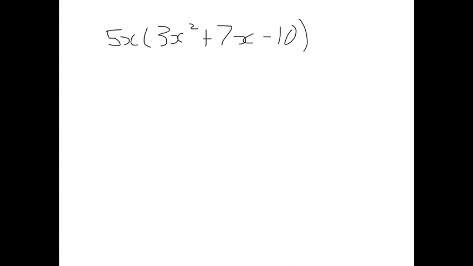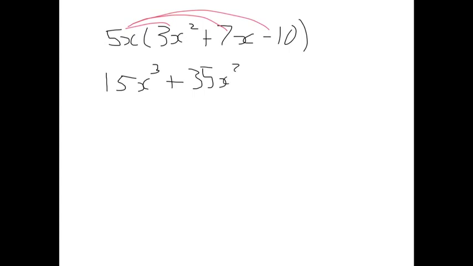Okay, so we just use the distributive property here, so we multiply the 5x by all of these terms. We've done that before. So we get 15x cubed plus 35x squared minus 50x.